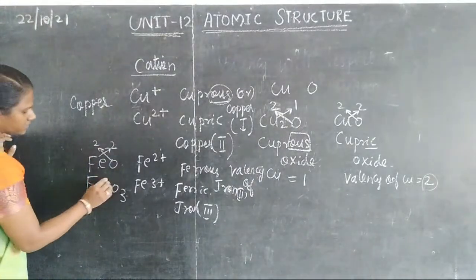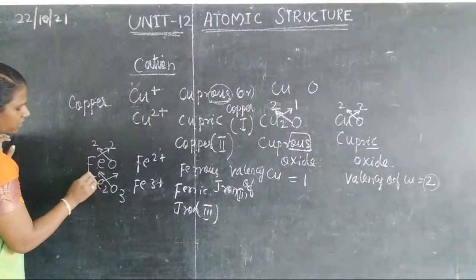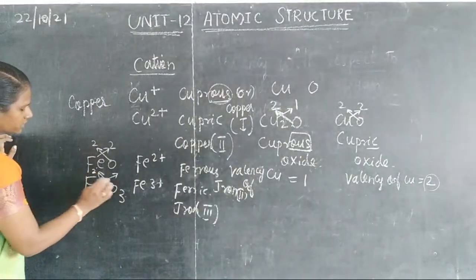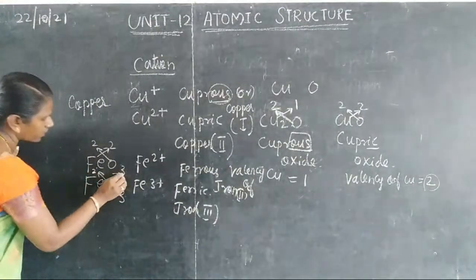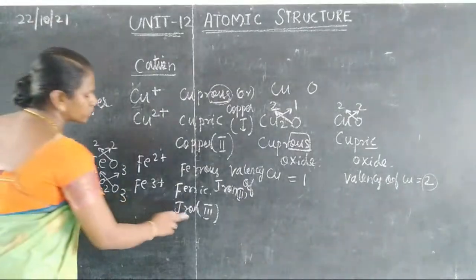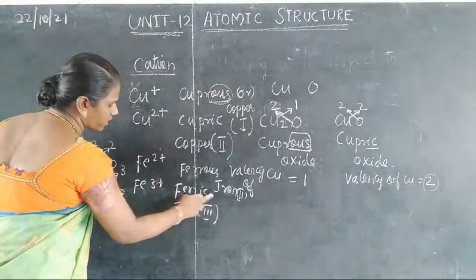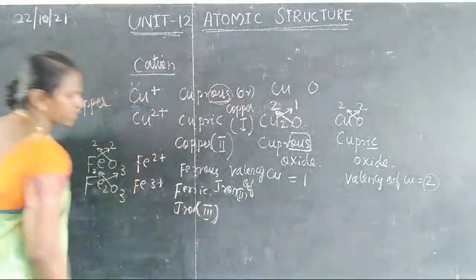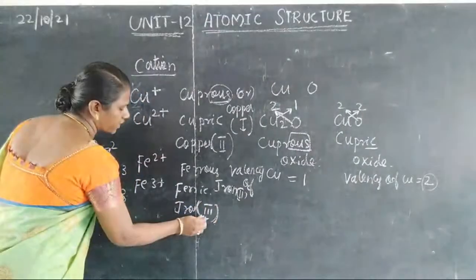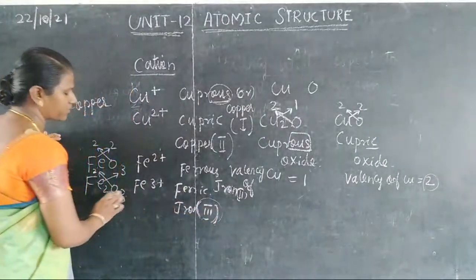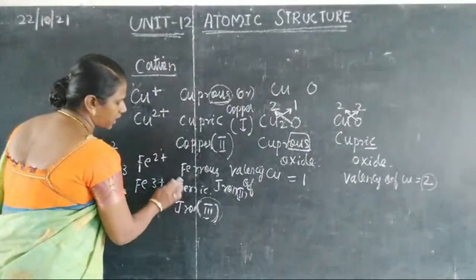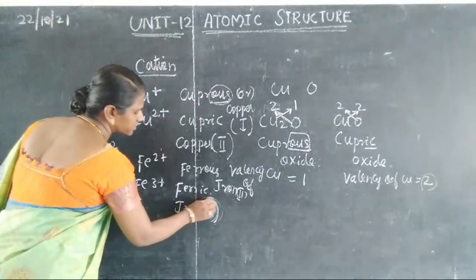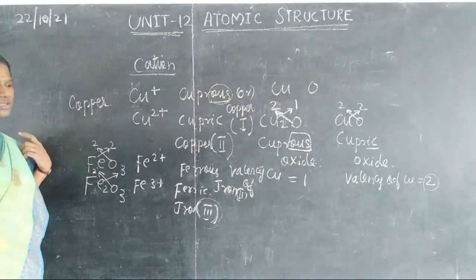But in this case, the valency of oxygen is 2 and the valency of iron is 3. So we can write it as ferric or iron(III), with the Roman numeral 3 in the brackets. That means the valency of this iron atom is 3.